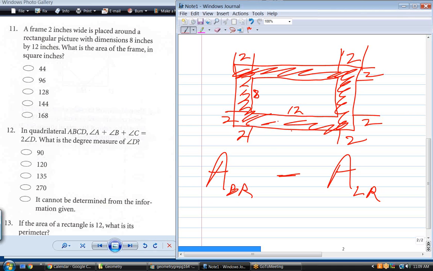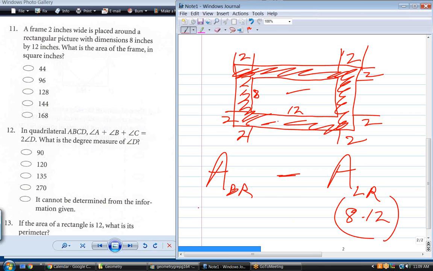That's the little one. And it's not 12 by 8. We're not even considering whether we have similar rectangles here. All we need is the dimensions of the big rectangle. We already have the dimensions of the little rectangle. So the area of the little rectangle is 8 times 12.